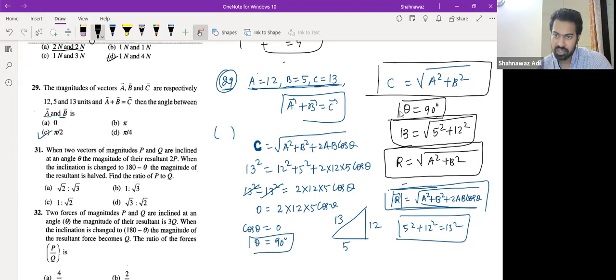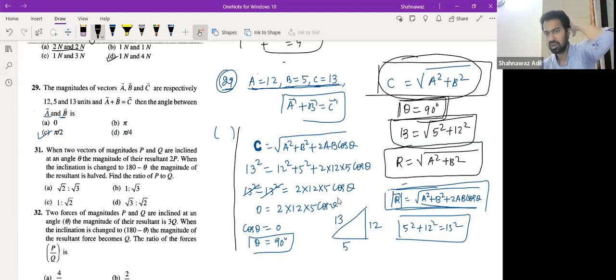Theta equals 90 degrees. So we can directly tell from here, or we can follow the general procedure. Whichever way you want to solve this problem is up to you. Understood?